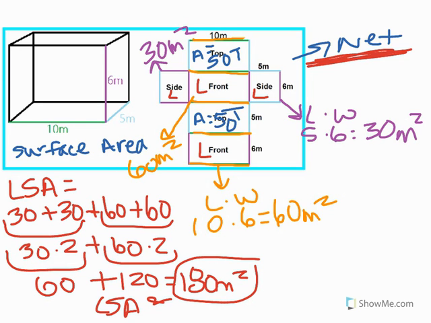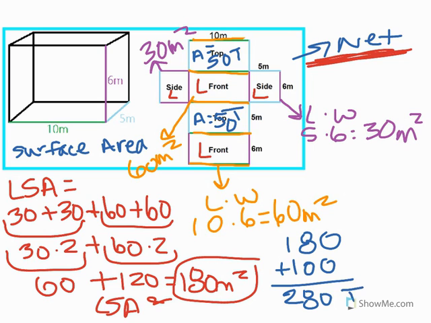I have a top and a bottom. I have 2 of those. I can quickly see that's 100. So if I take my lateral, which is 180, plus my two bases, which is 100, add them together, I get 280. This is my total surface area, and that's meters squared.